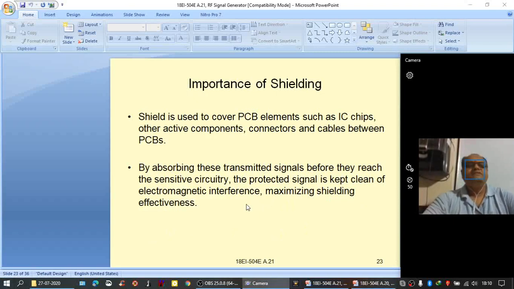So whatever is the external electromagnetic interference or the effect of radio frequency signal on circuit components is minimized, and the protected signal, that is the output of the RF signal generator or any other high frequency signal generator output, is protected and is kept clean of electromagnetic interference or other radio frequency interference.